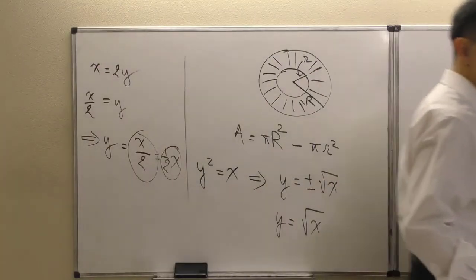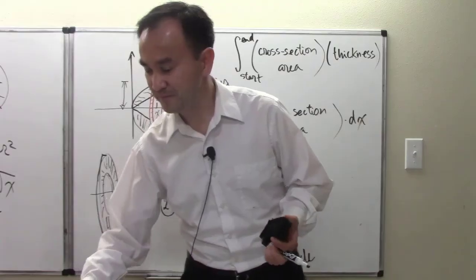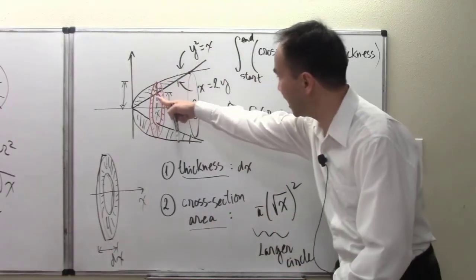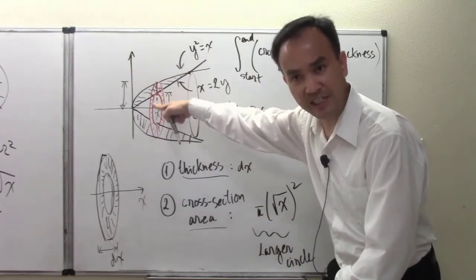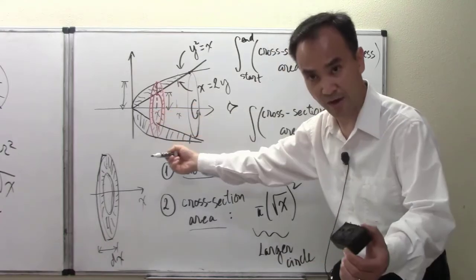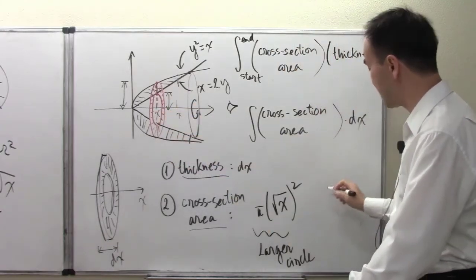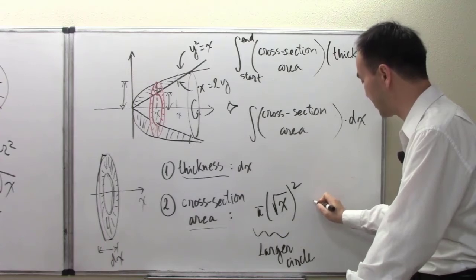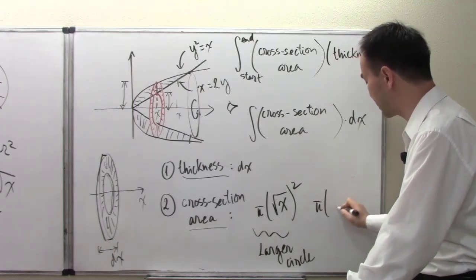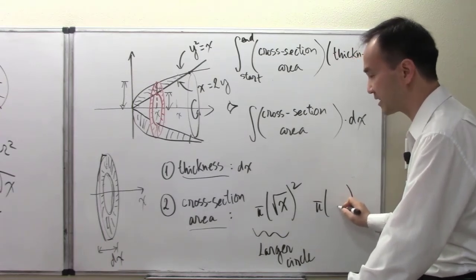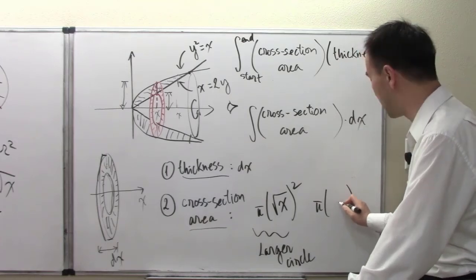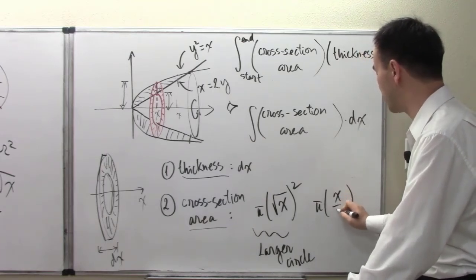And so in that case, the area of the inner circle is supposedly an empty space when we're rotating it, but that counts too. So the inner circle is going to have area pi times the radius that is determined by x over 2, all squared.